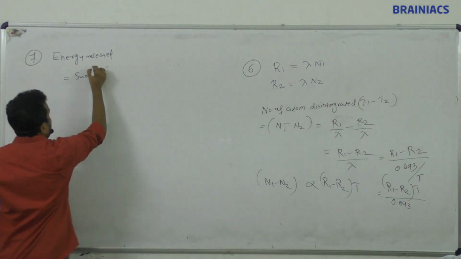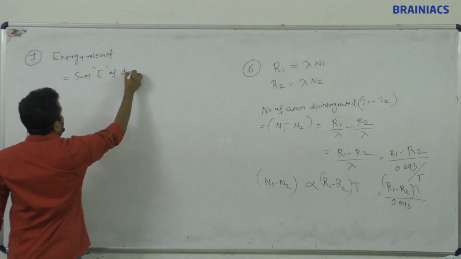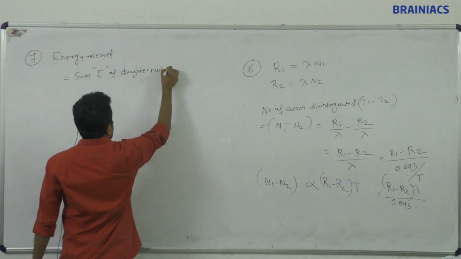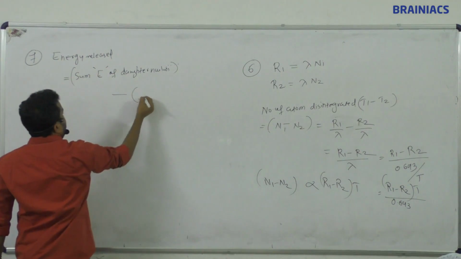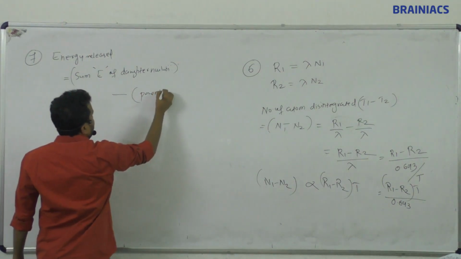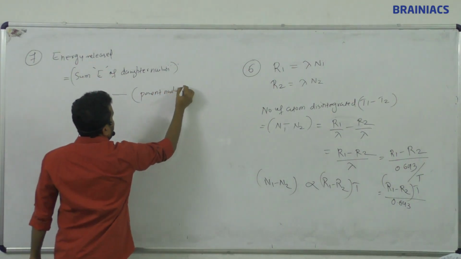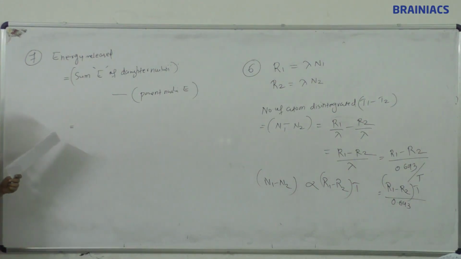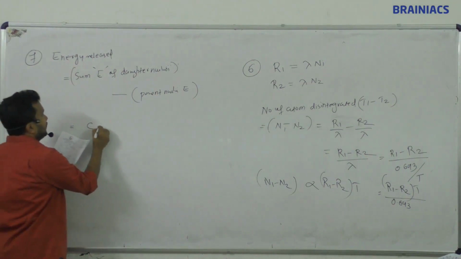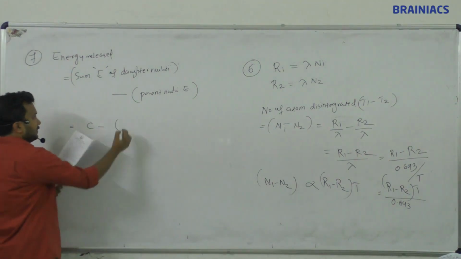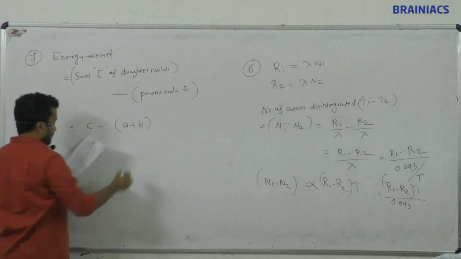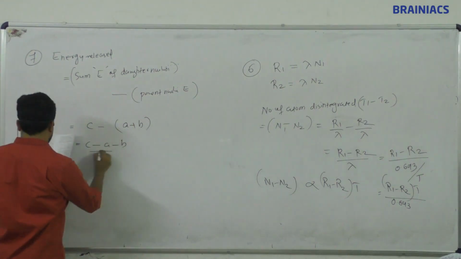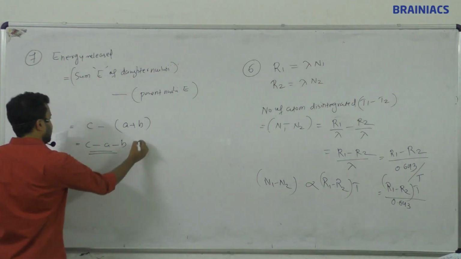Sum of energy of daughter nuclei minus parent nuclei energy. The sum of daughter nucleus is only C. So C minus the parent nuclei A plus B, which is C minus A minus B. Answer is C.